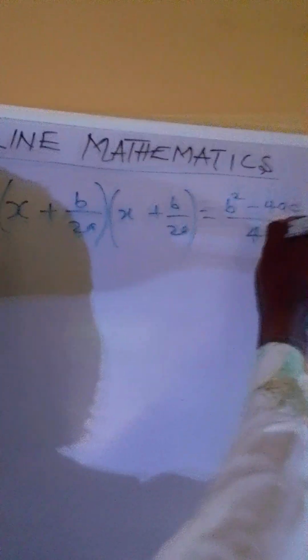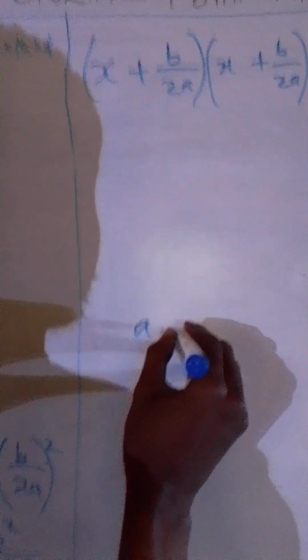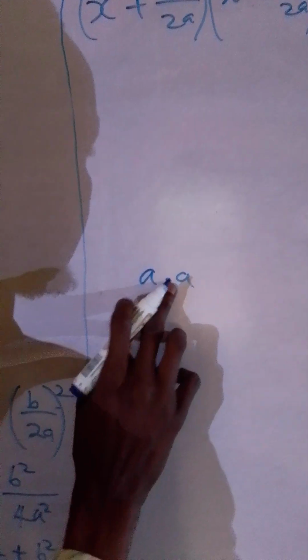I just took one of the remainders, then equal to b squared minus 4ac over 4a squared. So that's what I have here. Then when you have something like a times a, this dot means times.